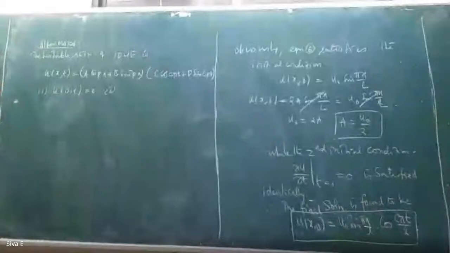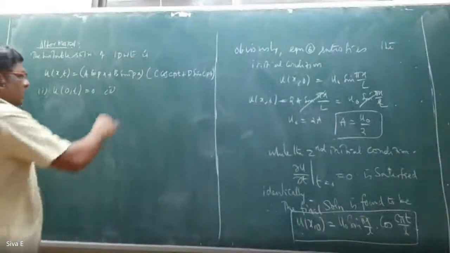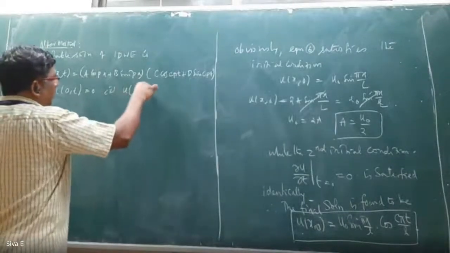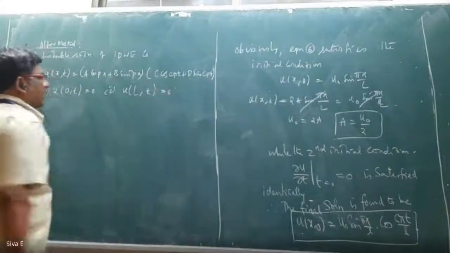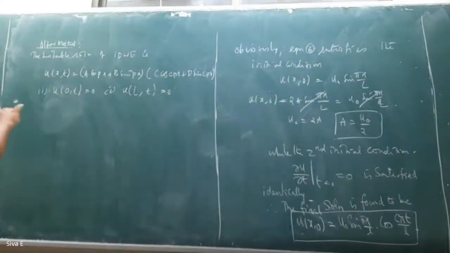Second one, that is the second boundary condition, u(L, t) = 0. These are the boundary conditions.